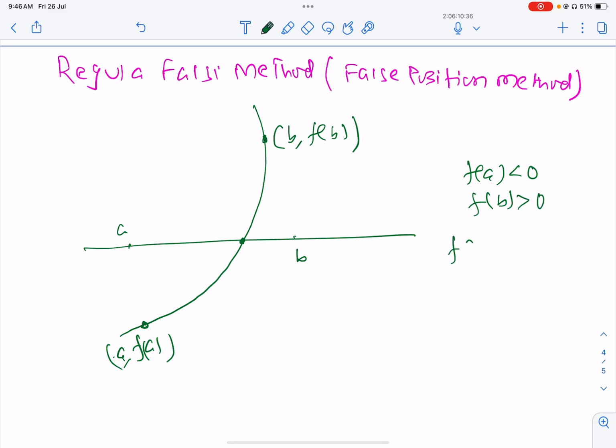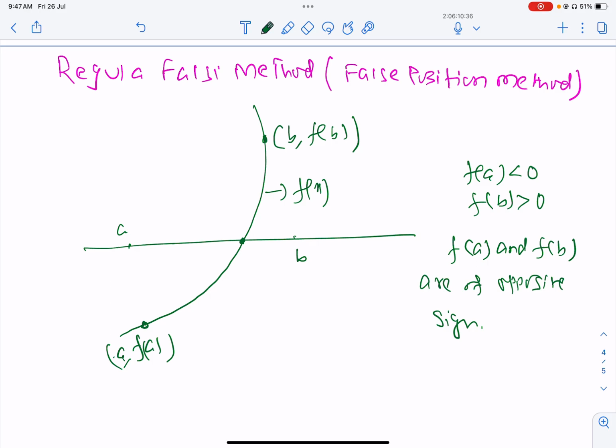In short, f(a) and f(b) are of opposite sign. So we are given a continuous function f(x) where we find a and b such that f(a) and f(b) are of opposite sign. It may also happen that f(a) is positive and f(b) is negative.